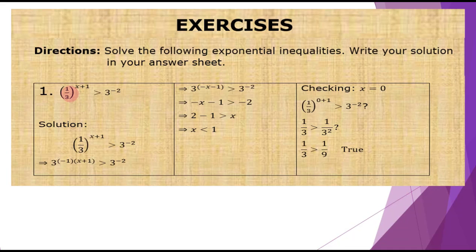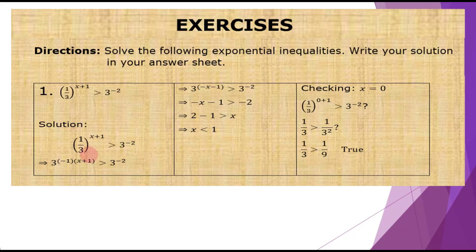Here we have 1/3 as the base, and here we have 3 as the base. So we need to manipulate mathematically in such a way that we can transform one of these to the other's base. In this case, common is 3, no? So we can express 1/3 as 3 raised to negative 1.